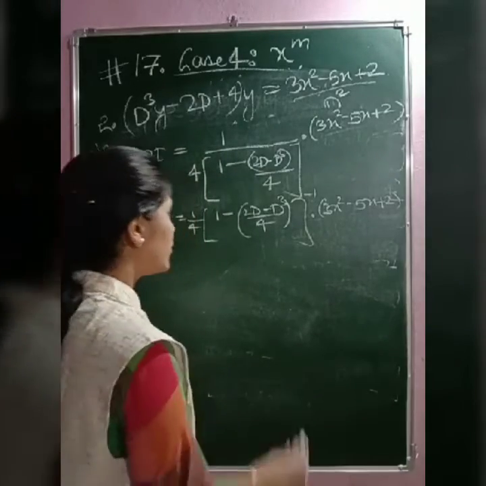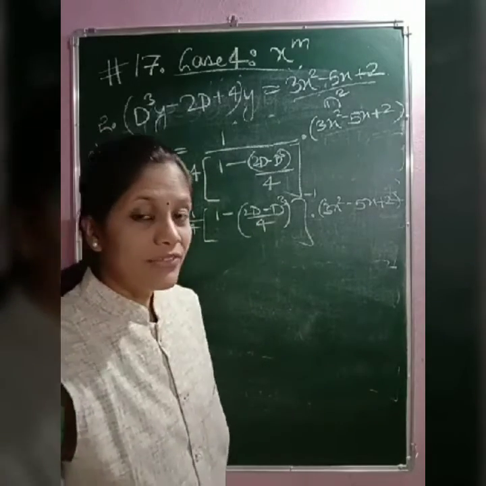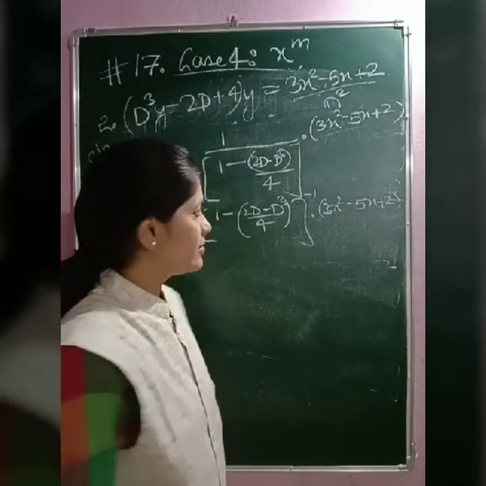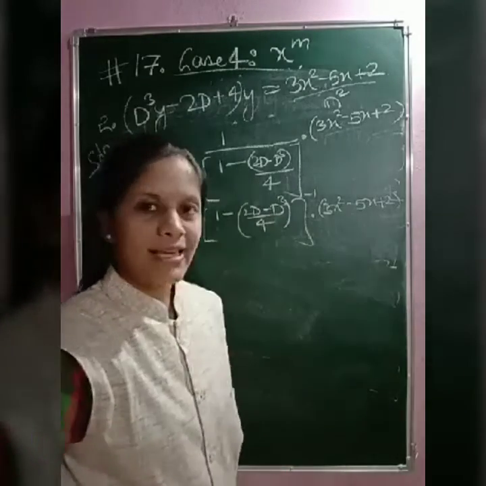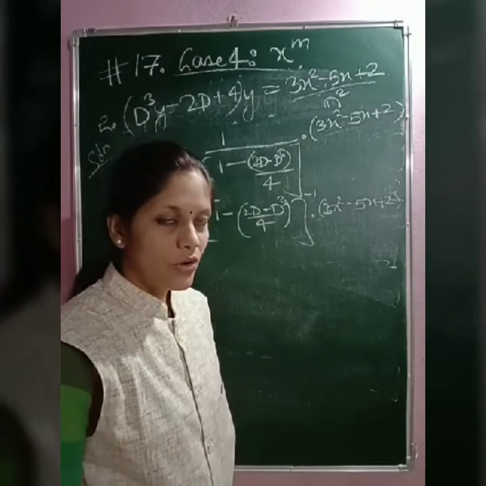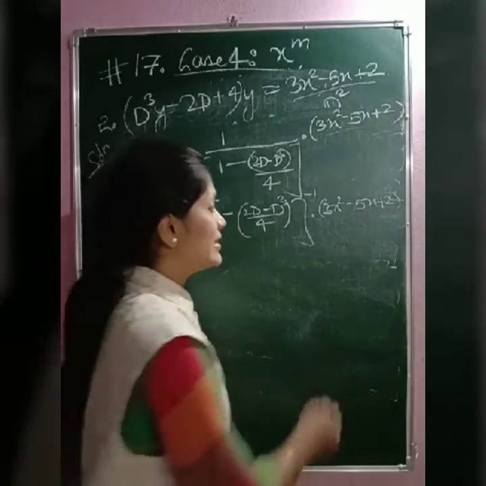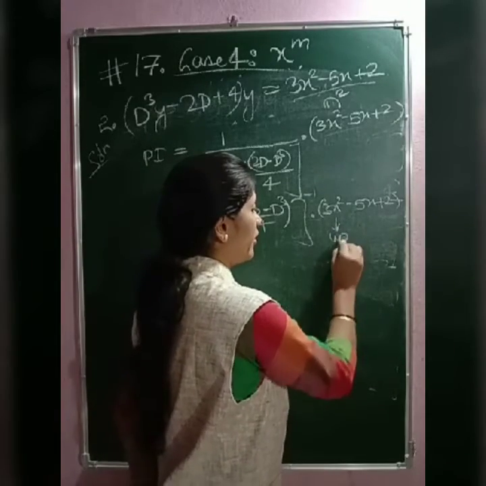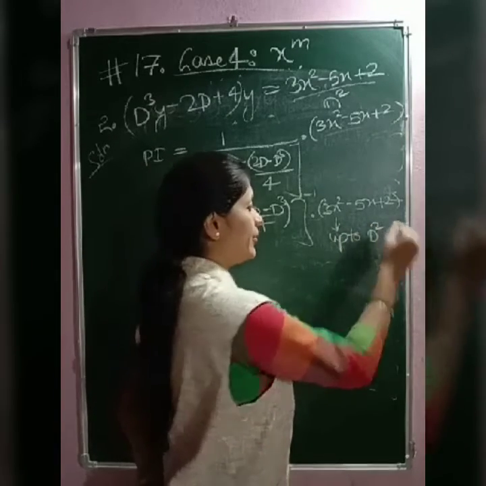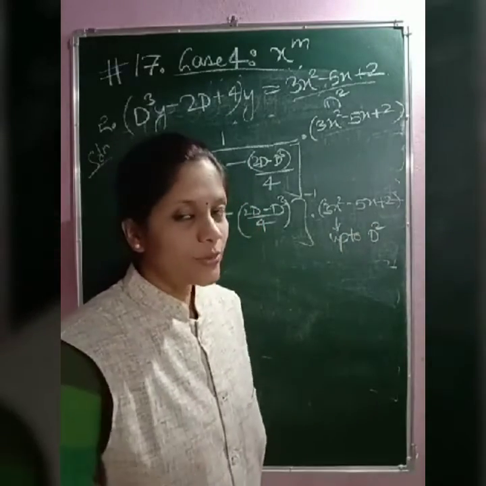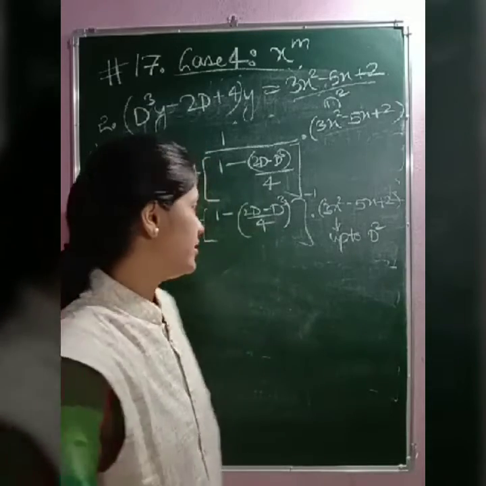Right? So let us solve for this. What is 1 minus x inverse? 1 plus x plus x square plus x cube and so on. But consider only up to D square, because from D cube onwards it is going to be 0.